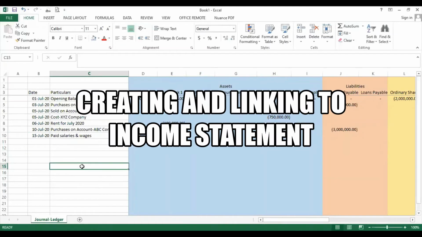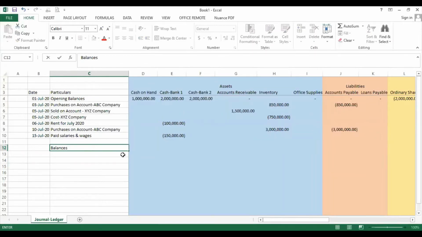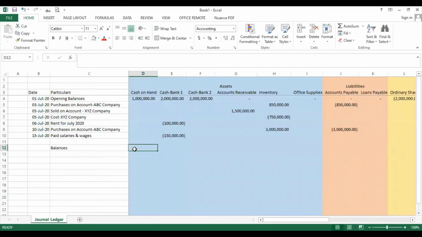Okay, our next step is to create balances for all these accounts. To do that, you have to click auto sum here, click enter. Then we will format this.